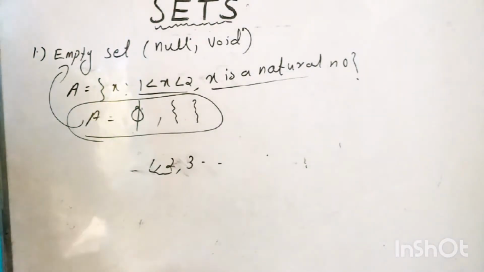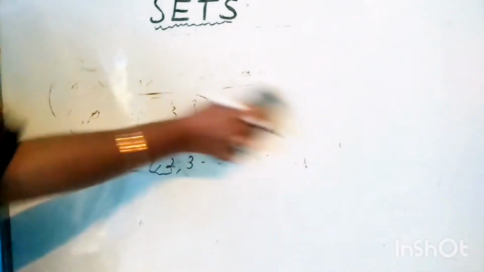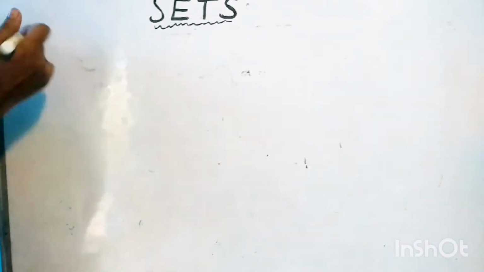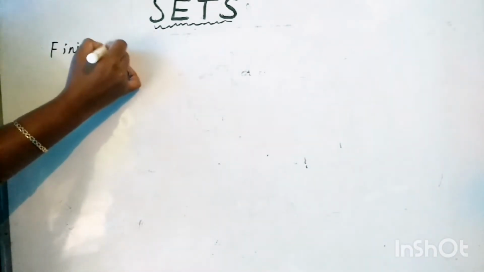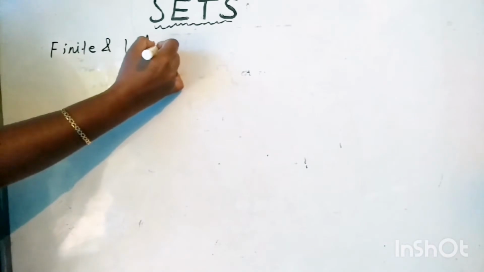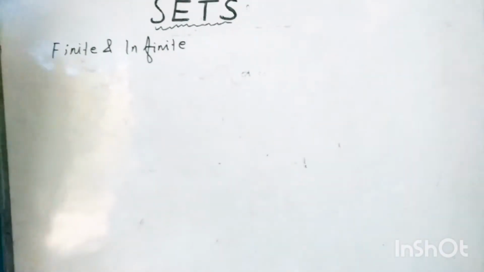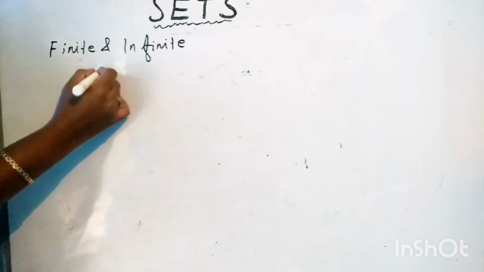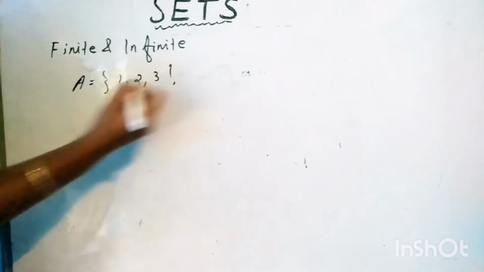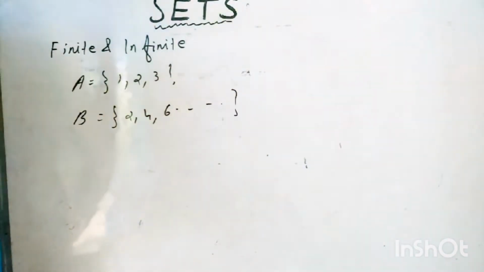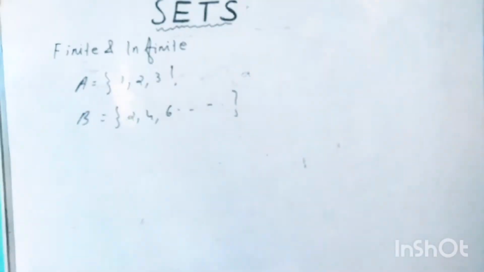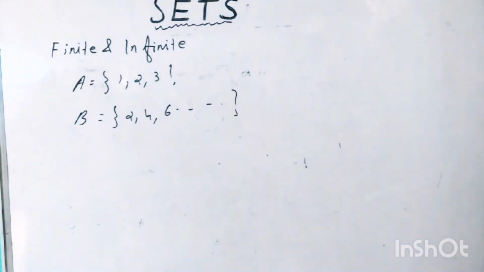And the second one is finite set and infinite set. Okay. Finite set means suppose A is equal to 1, 2, 3 and B is equal to 2, 4, 6, etc. What is the difference between A and B? We know that in A we have only 3 elements and in B we have infinitely many elements.